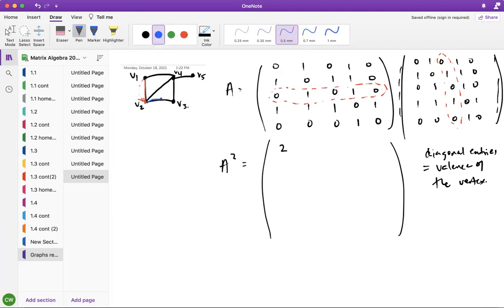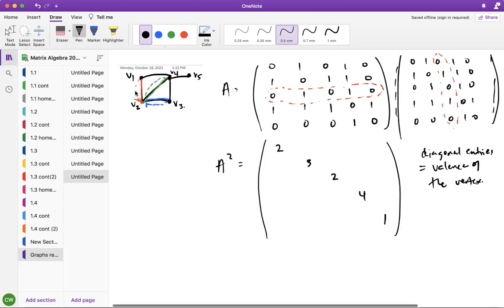So even not doing multiplication, but just looking at the picture, you can tell what the diagonal entries will be. So it's 3, 2, 4, and 0. Oh, sorry, 1. It'd be 0 if there wasn't an edge.